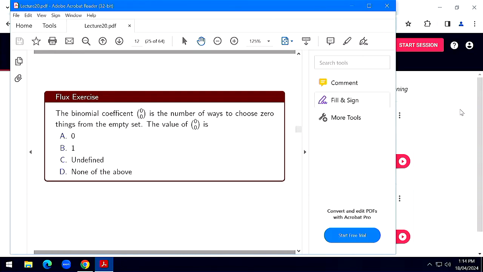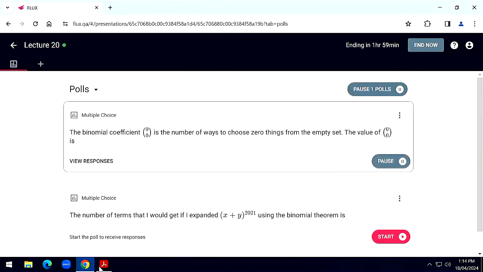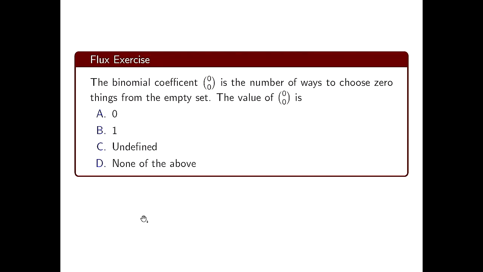So, without looking back at your notes or whatever, tell me, what is 0 choose 0? There's a couple of ways you could think about this. You could think about the definition in terms of factorials. You could think about Pascal's triangle if you wanted to.